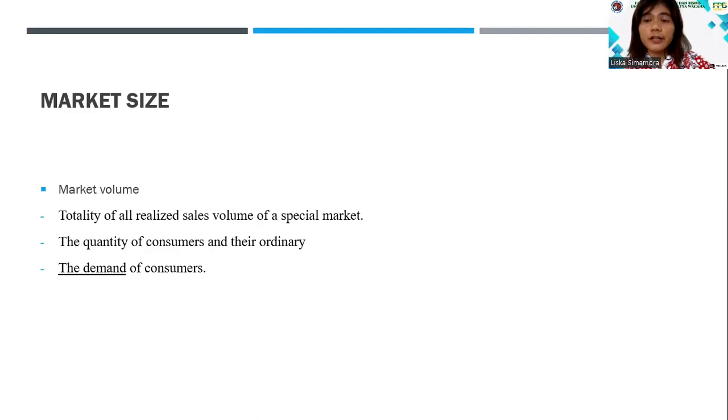If you want to know the market volume of your products, and you have the products already, this can be your market volume. But if your product is still in development and you want to check your potential market, you can quantify the consumers. For example, you can make a pre-order service and open the pre-order for 1 week.